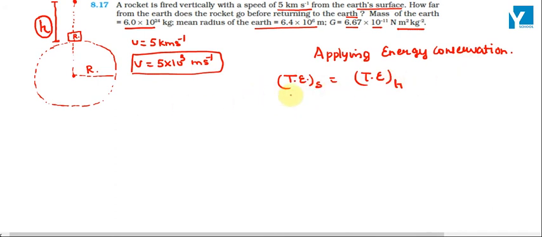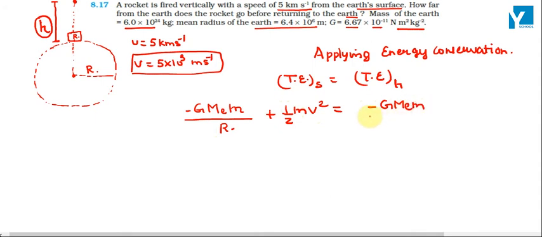So total energy at surface is gravitational potential energy, which is minus G mass of Earth into mass of rocket by R, plus kinetic energy, which is half m v squared, and the total energy at the height h from the surface is equal to minus G mass of Earth into another mass divided by R plus h.